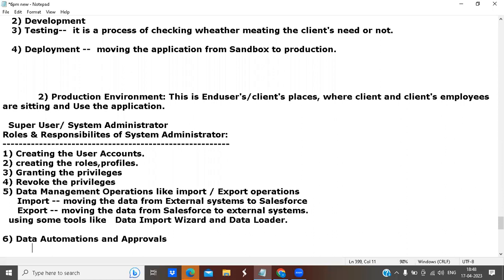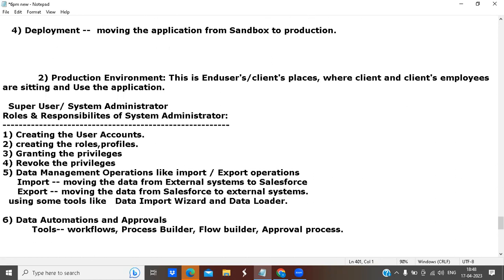So, data automations and approvals. To perform these automations and approvals, Salesforce has given some tools like workflows, process builder, flow builder, and approval process.